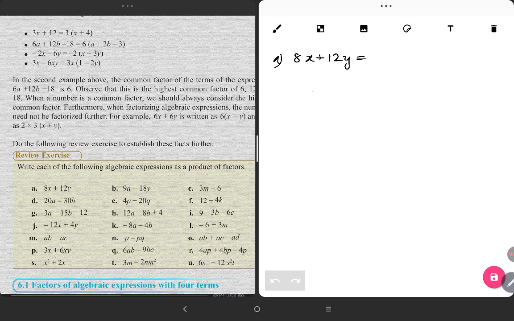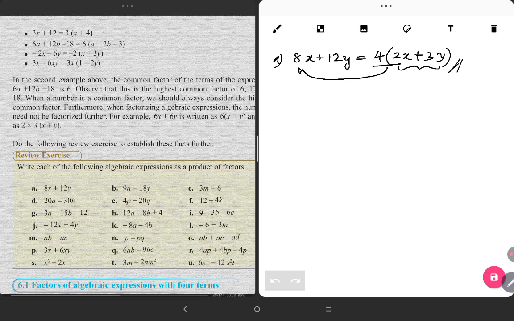So what we can do is take 4 out. Then the remaining thing is 2x, because 4 times 2 is 8. And 4 times 3 is 12, so the remaining is 3y. So we can write it like this. We can't factor this any further because 2 and 3 have no common factor there, right? Okay, so that's the final thing there.